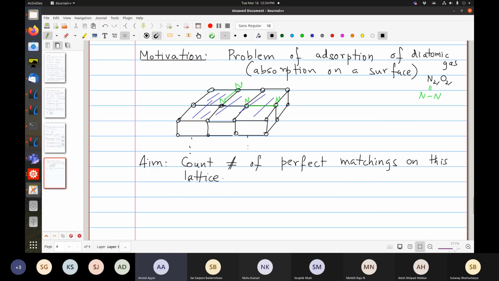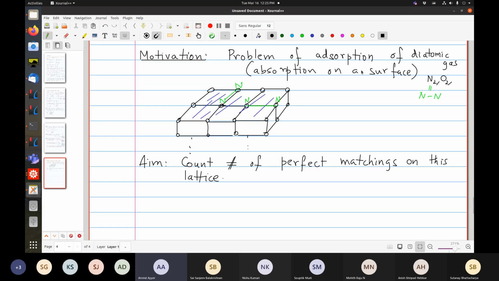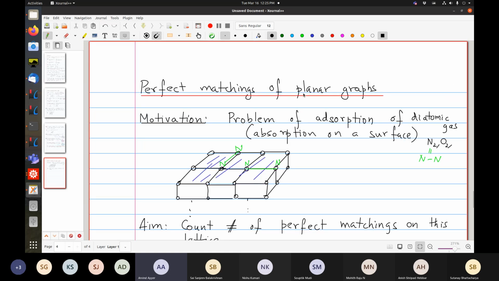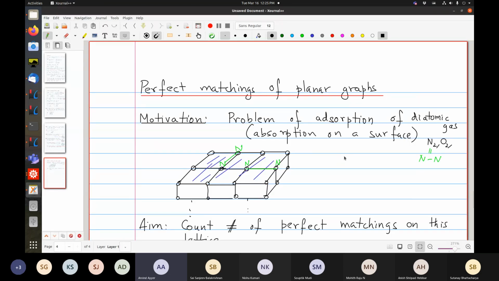So what we will do, at least initially, is to consider, of course, the surface of a solid is a lattice, which is a planar graph, because that is, by definition, sitting on a surface. So what we are going to do is try to find a way to count perfect matchings of planar graphs. Is this clear? Any questions about the motivation?